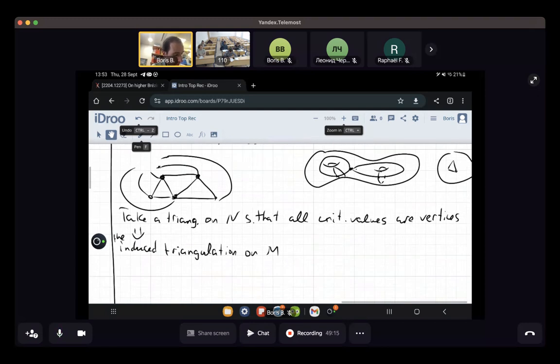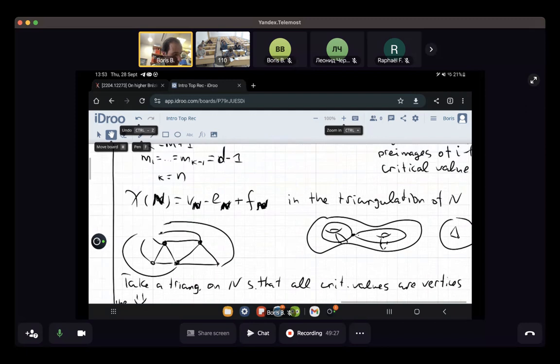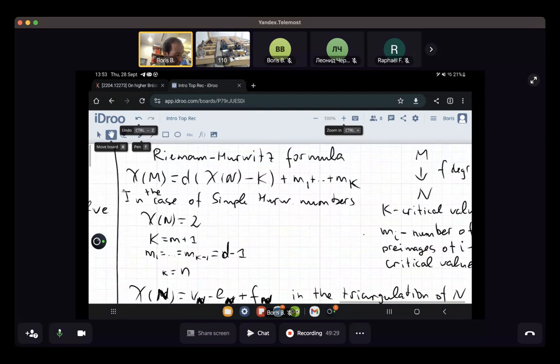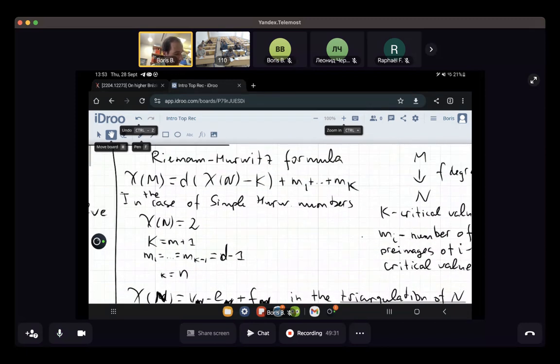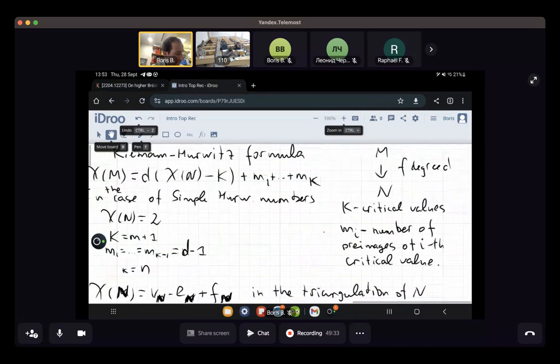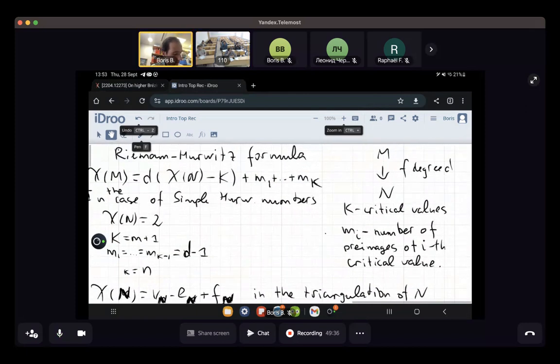For edges in this triangulation on M, the number is D times E, because we have a degree D cover.